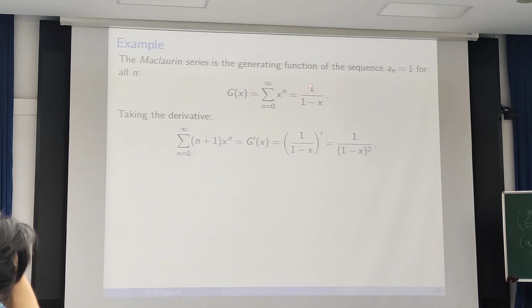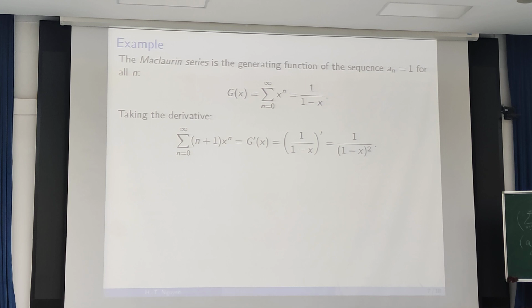And since g is equal to 1 over 1 minus x, we can also take the derivative of the right hand side here, and we obtain this. Okay? So from this identity about the Maclaurin series, we get another identity. From this we find that this series in fact can be reduced to 1 over 1 minus x squared.